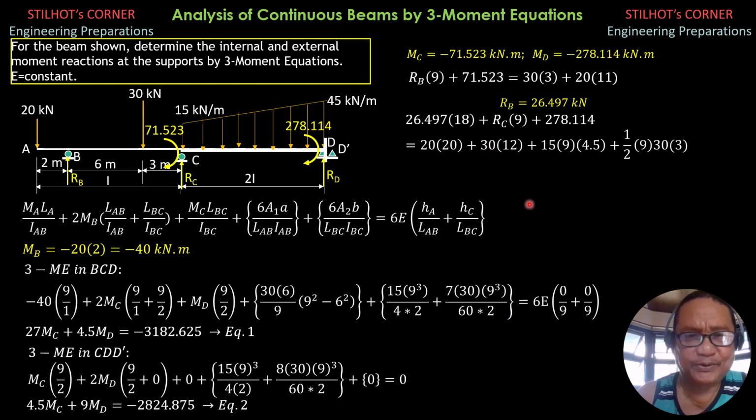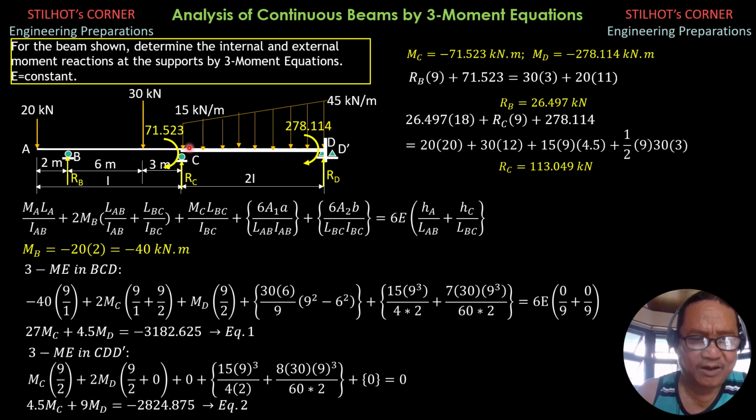So we can now compute RC. RC is equal to 113.049 kilonewtons.